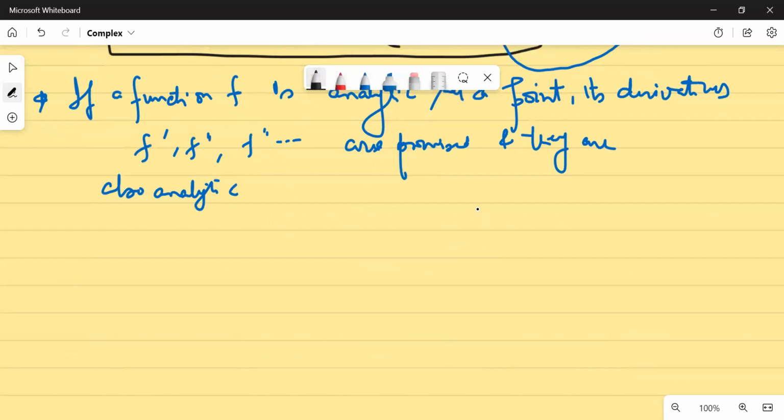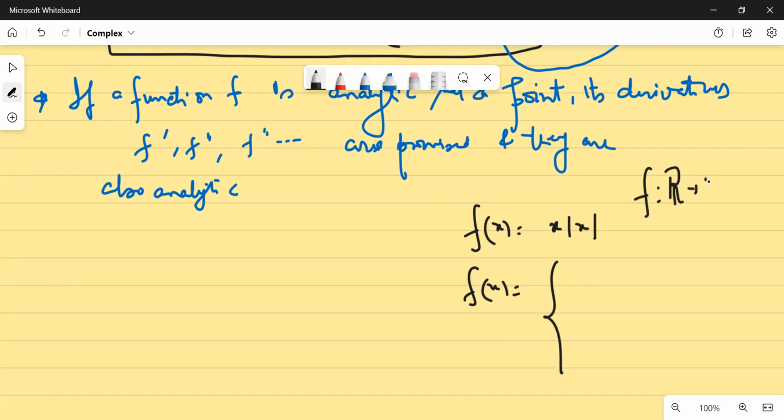See, in real analysis, if you have a function, let's say x mod x, how would x mod x look like? I'm talking of a real valued function. Here you have x square for x greater than or equal to 0, and minus x square for x less than 0.